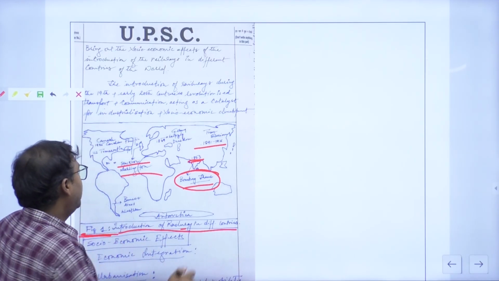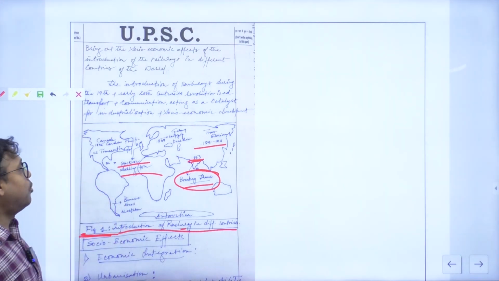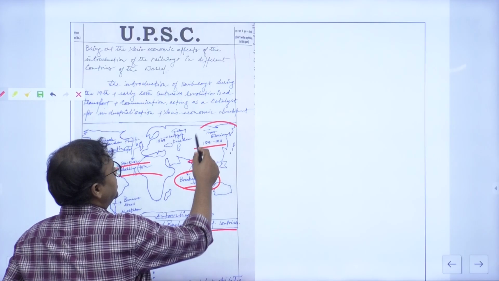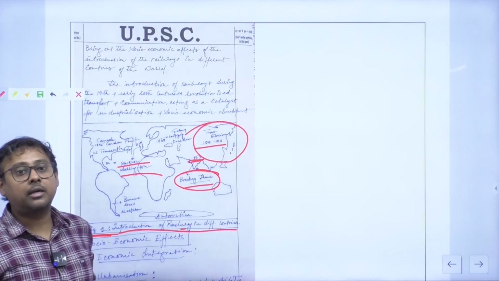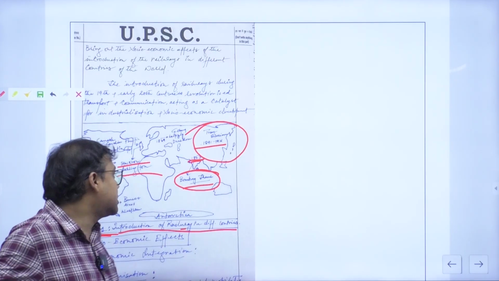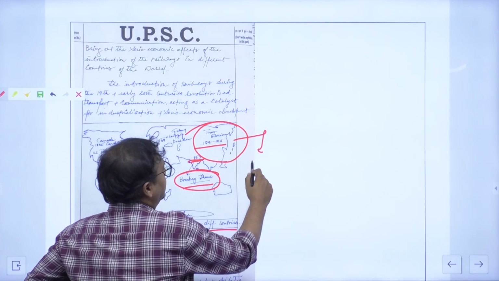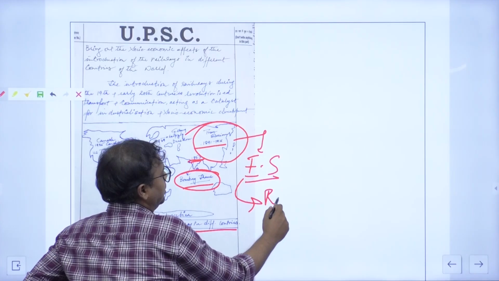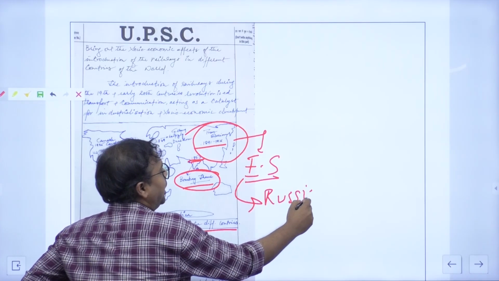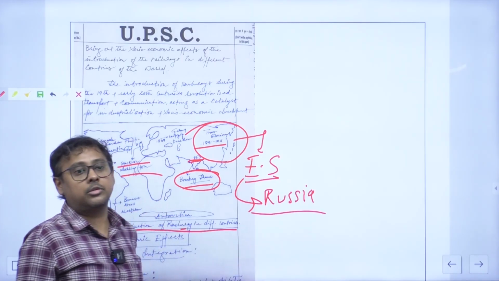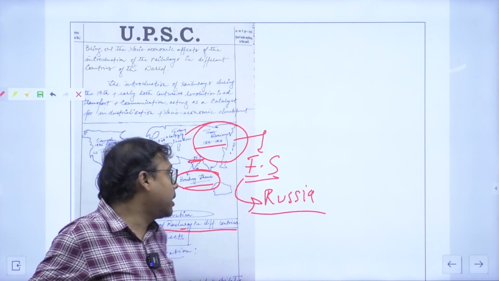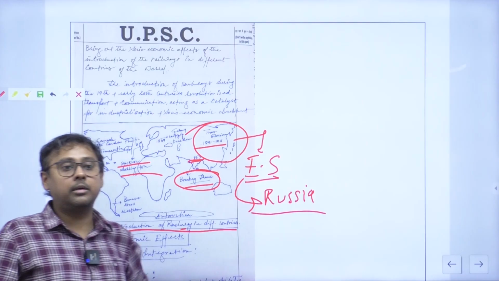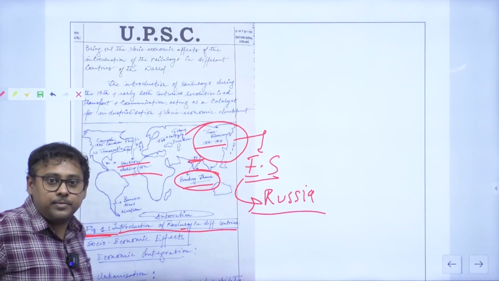Which is the most famous railway? It's the endoskeleton of Russia. Not only a socio-economic endoskeleton, this Trans-Siberian railway is also a political endoskeleton, because of the way it reaches out.